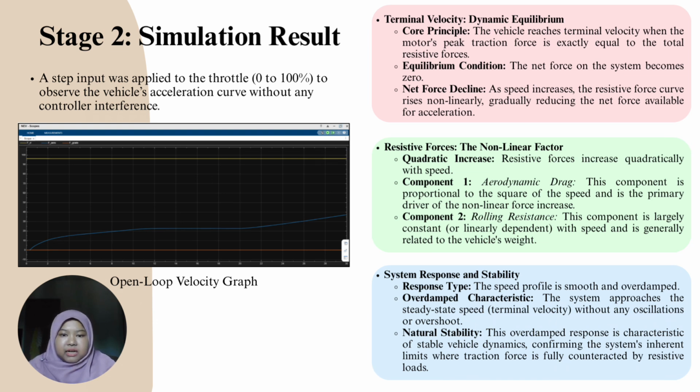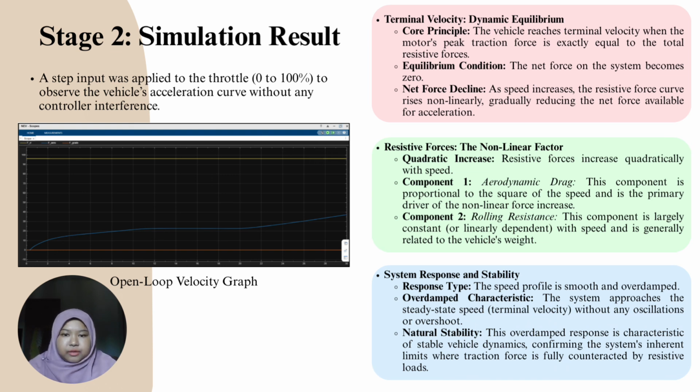If you look closely at the force time history here, the yellow line represents our motor traction force. You can see it jumps to its peak immediately because we applied full throttle. However, the interesting part is the blue line, which represents the resistive forces, primarily aerodynamic drag. As mentioned in the green section on the right, this force is non-linear.